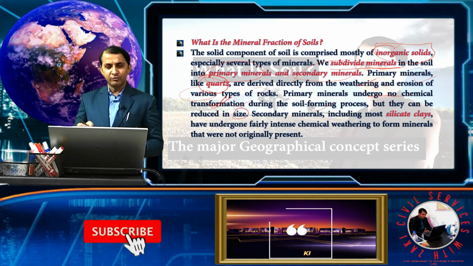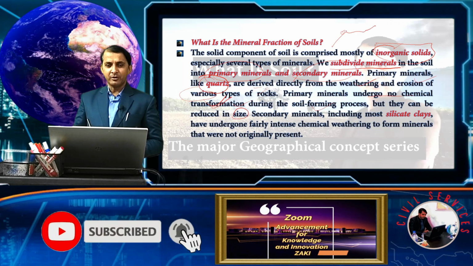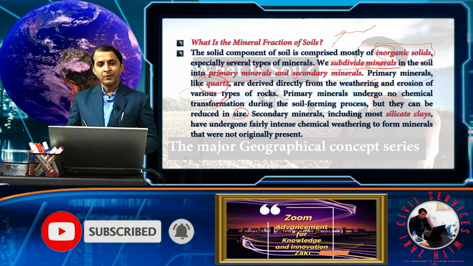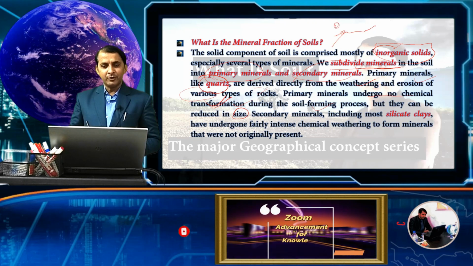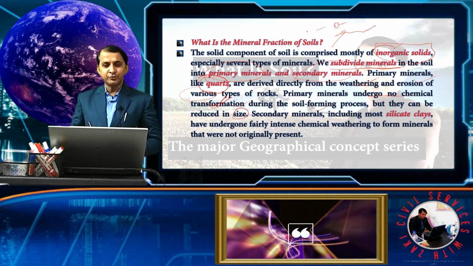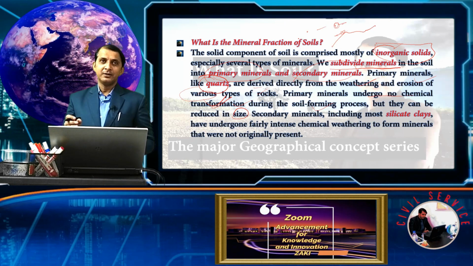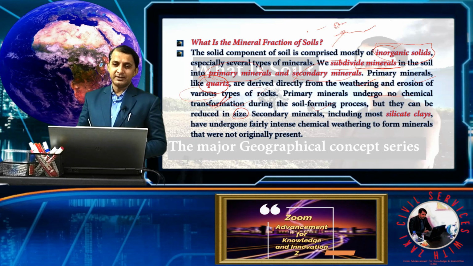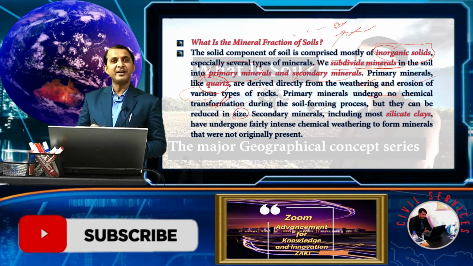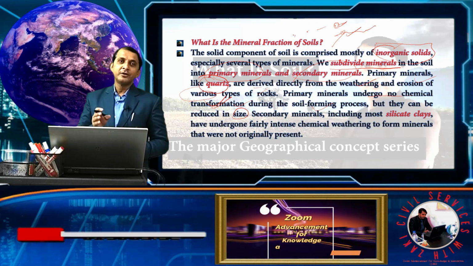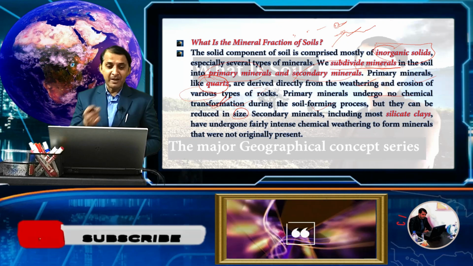Such a rock weathers and produces soil. This grain may be reduced to this size, but it can't change chemically. The properties of this rock and this grain are the same. So these are basically called primary minerals.